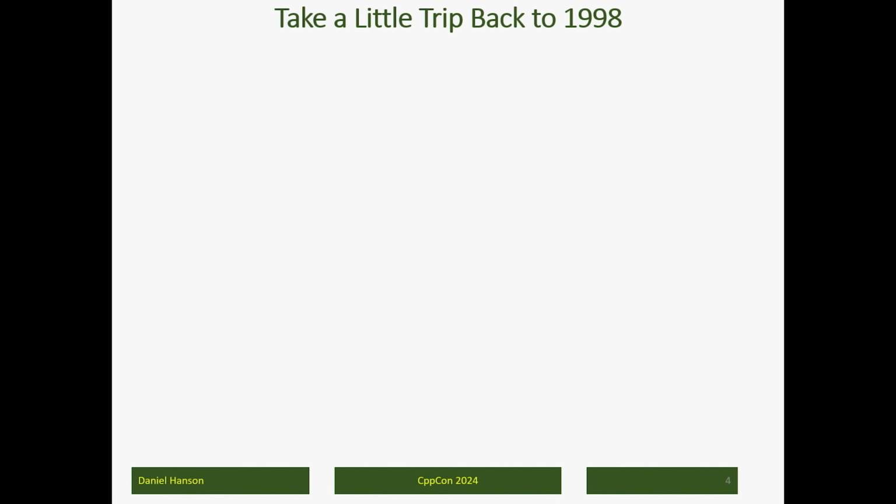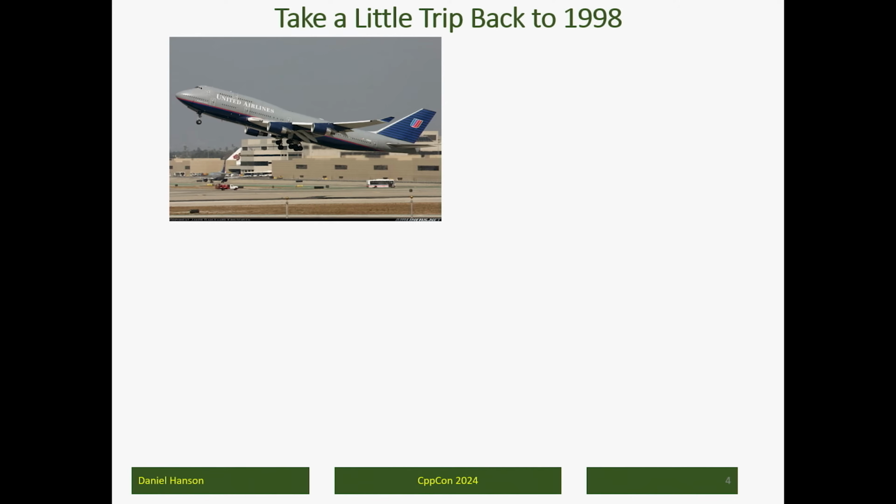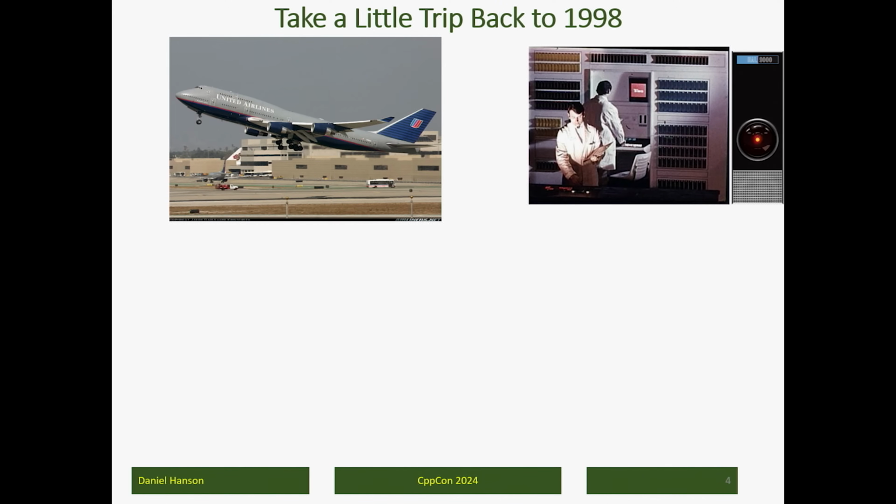All right, so let's take a little trip back to 1998, and we will fly back with the queen of the skies at the time, the venerable 747-400. And around this time, the HAL 9000 computer was operational at the University of Illinois research facilities in Champaign-Urbana. Since then, though, they've come out with this miniature version that I can show you here.